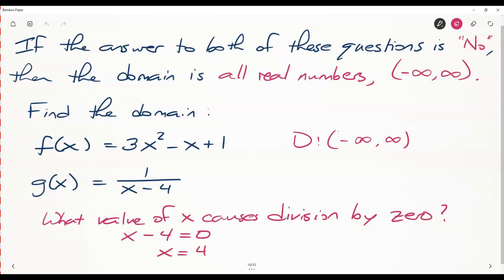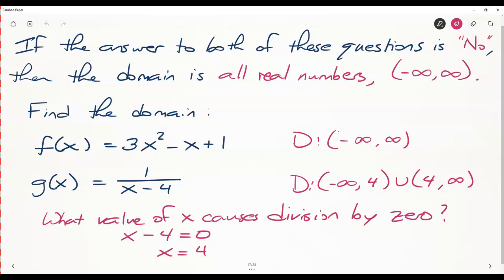And in interval notation, that looks like this. So we're still going from negative infinity to infinity, but at 4, notice we're using parentheses in both cases. Parentheses mean that you include all numbers up to 4, but you don't include 4 itself. So this interval of numbers is all numbers less than 4. This interval is all numbers bigger than 4. And this symbol, which sort of looks like a capital U, is a symbol for union.